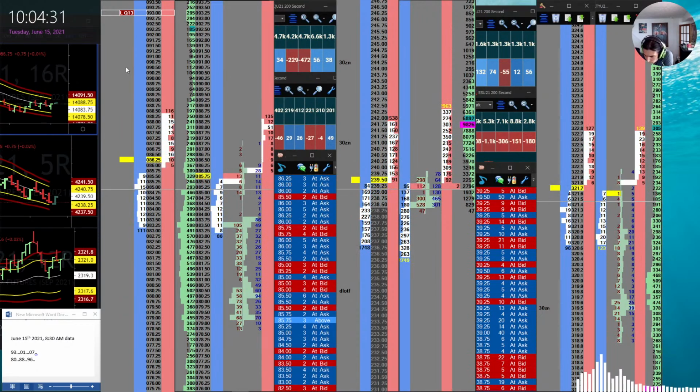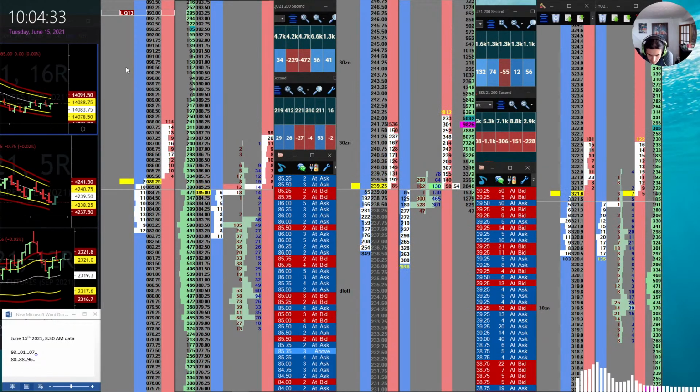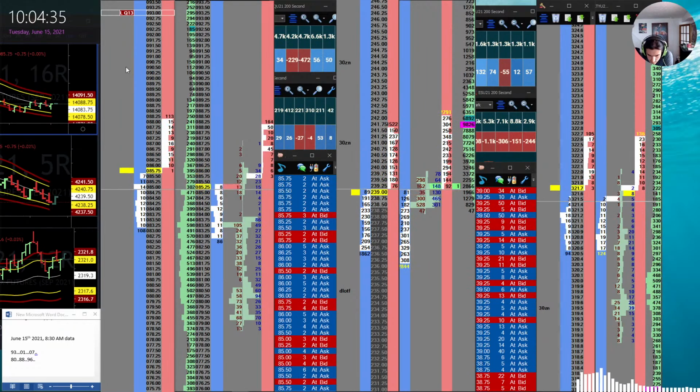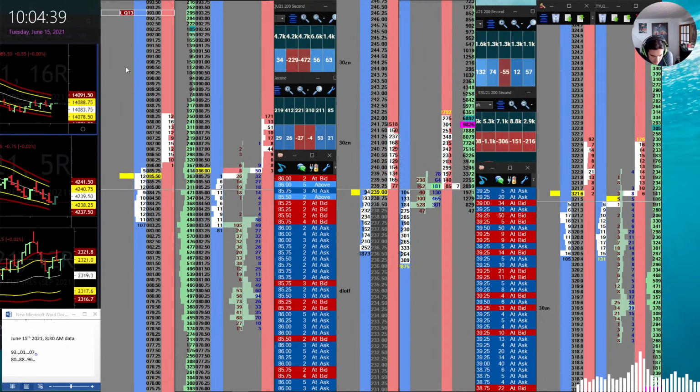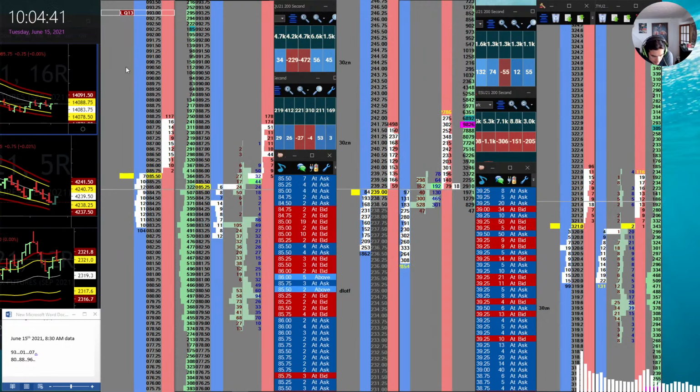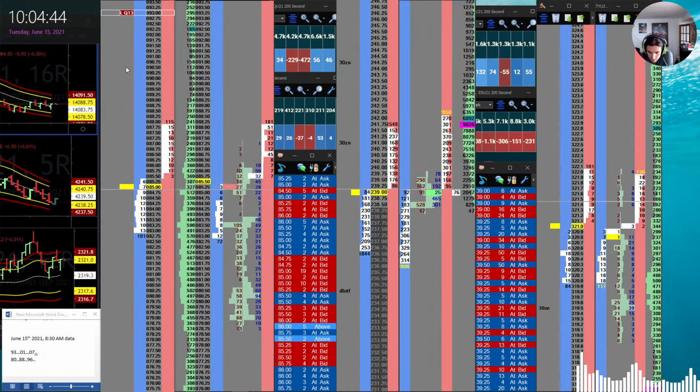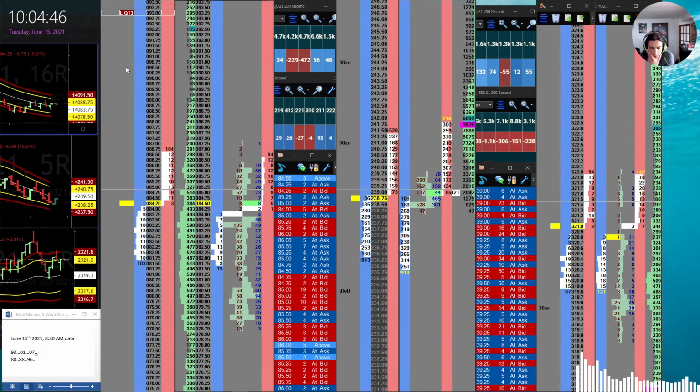Offers lifting 6 offer here, 86. I'd like to see a nice pop here, just a quick pop.